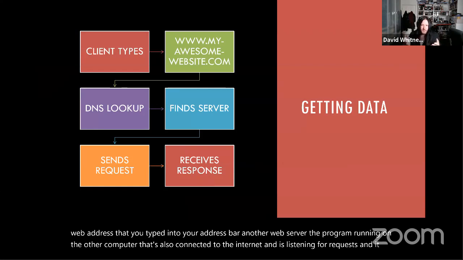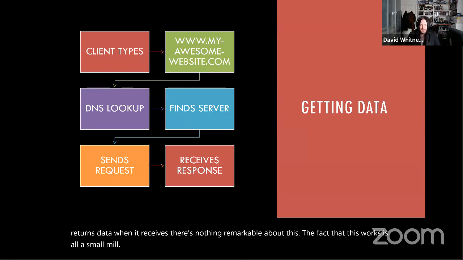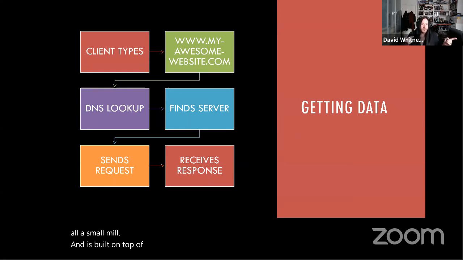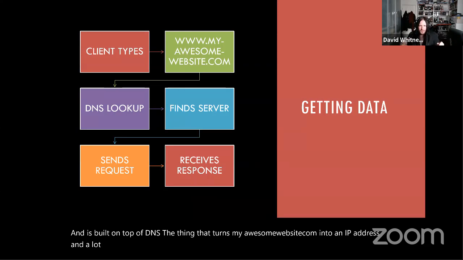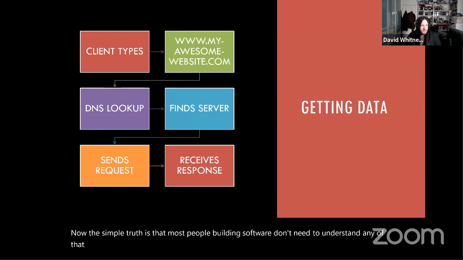There's nothing remarkable about this. The fact that this works is a small miracle, built on top of DNS, the thing that turns myawesomewebsite.com into an IP address, and a lot of networking, routing, and switching voodoo. The simple truth is that most people building software don't need to understand any of that, even though the interview specs may say you need to, because most people never touch it.